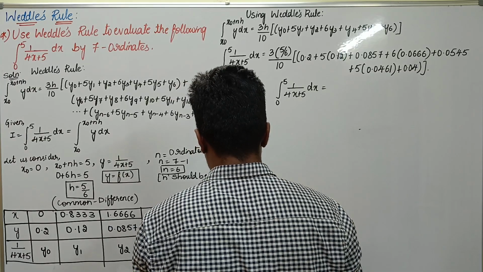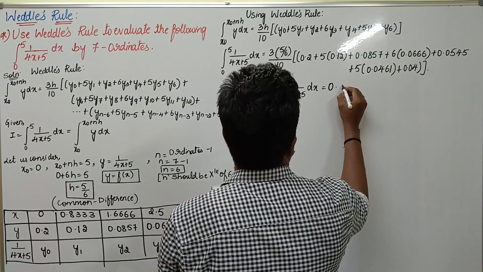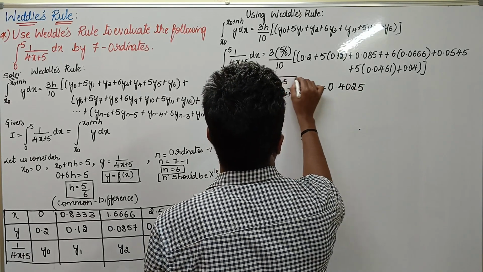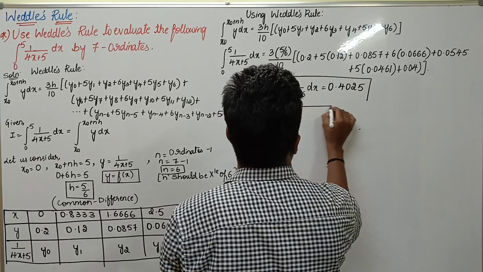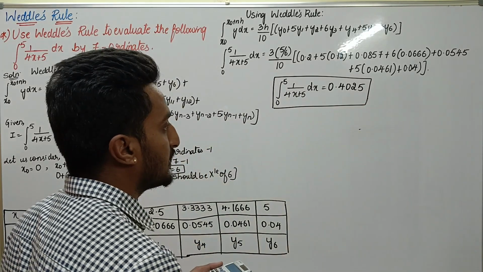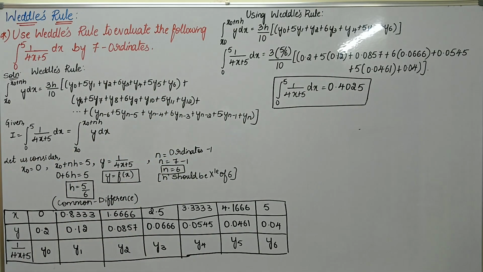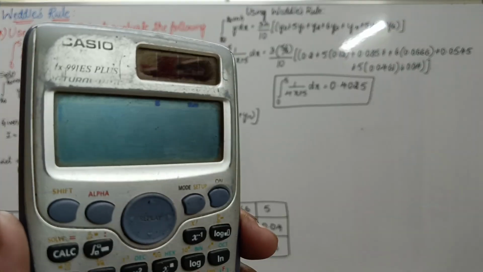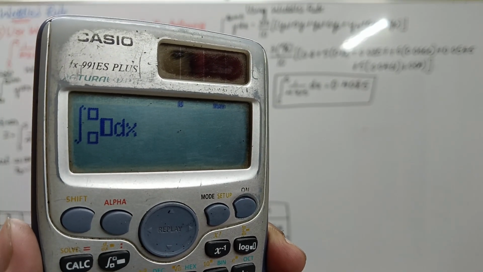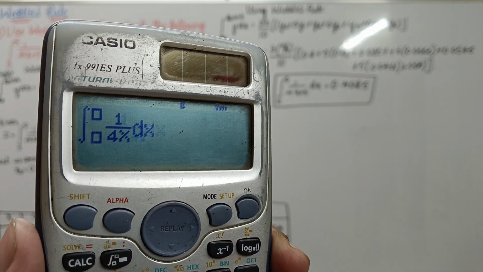Directly we get 0.4025. Okay, this is the required approximate value of the given integral of 1 divided by 4x plus 5 dx without integrating. How do we verify whether this value is correct or wrong? Just go with the calculator, press the integral function, then 1 divided by 4 alpha x closing bracket plus 5.